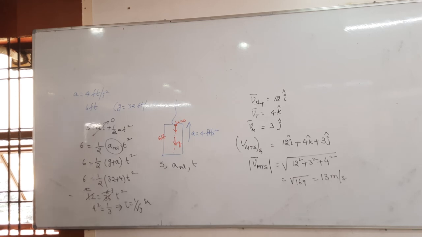Then 16 i cap plus 3 j cap you will get. Then you will not get the same answer. Across, not along the ship. Along is different, across is different, no? Both are different cases. Next, rain umbrella problems will start.